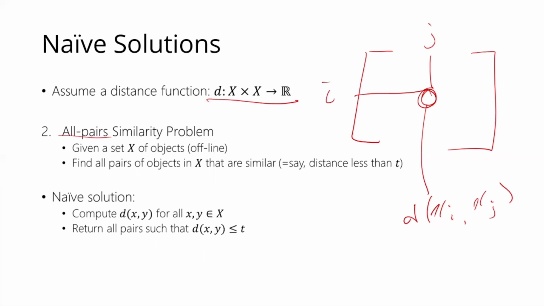So simply speaking, your naive solution is to compute the distance matrix, and then find the pair that is the most similar. Practically speaking, you don't really have to compute the full distance matrix. You only need to compute either the lower triangle or the upper triangle because they're symmetric, right? But nonetheless, you need to compute the distance matrix. After constructing it, you can simply find the smallest number.